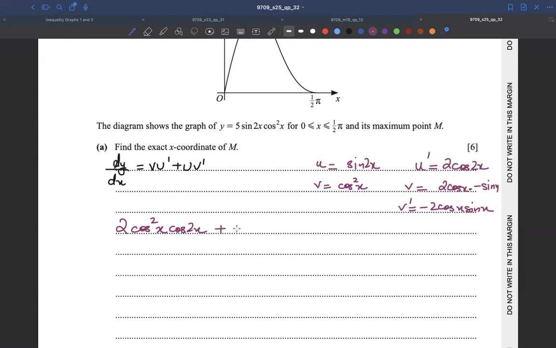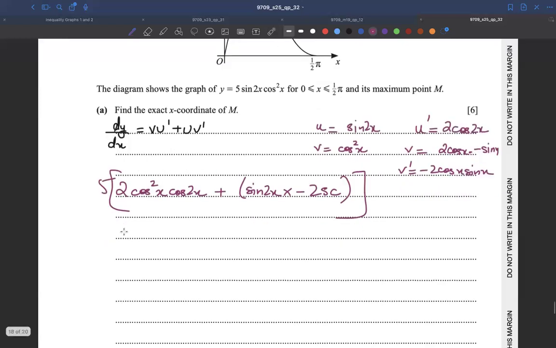So that will be sin 2x multiplied by minus 2 sin x cos x. And then the whole expression is multiplied by 5. So we'll get 10 cos squared x cos 2x minus sin 2x into 2 sin x cos x.